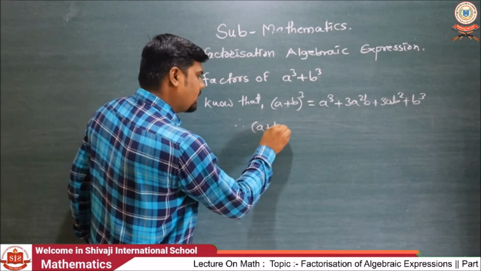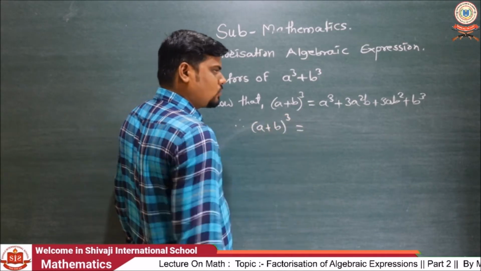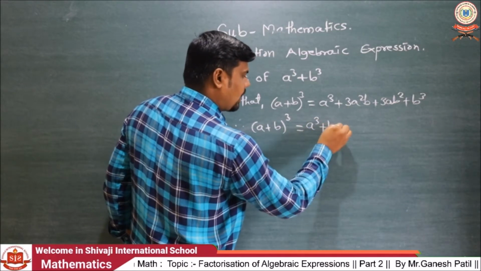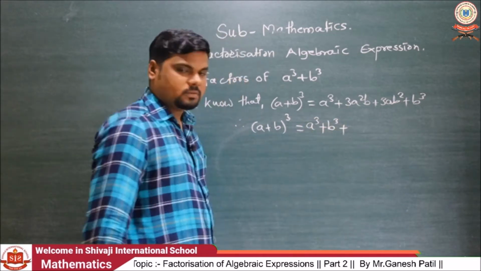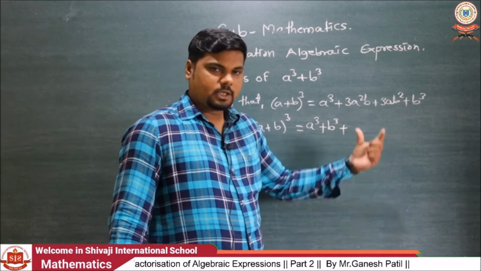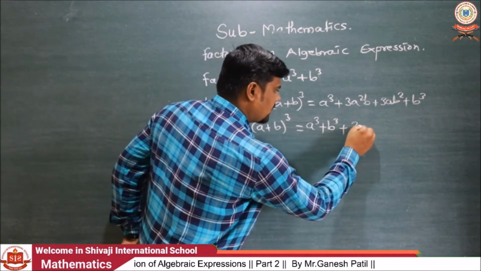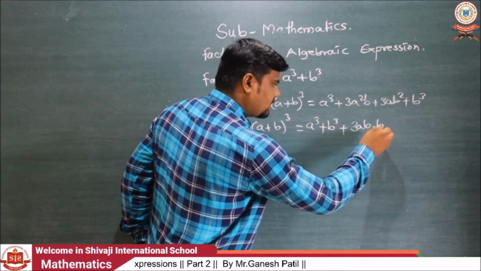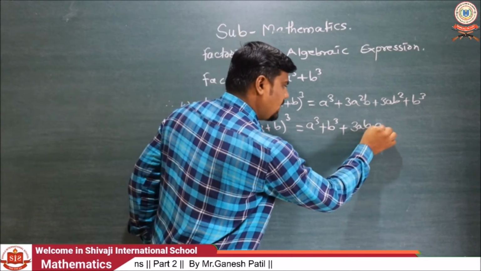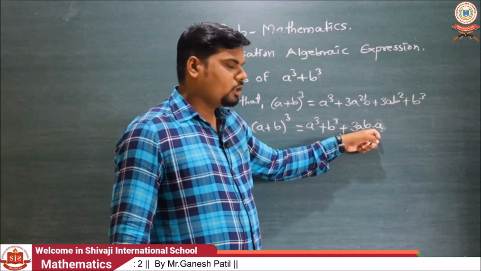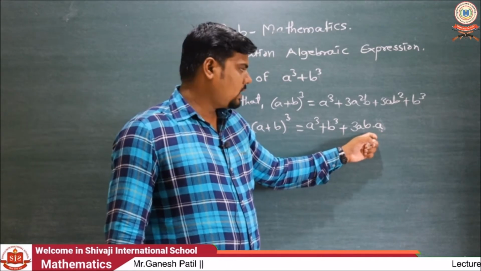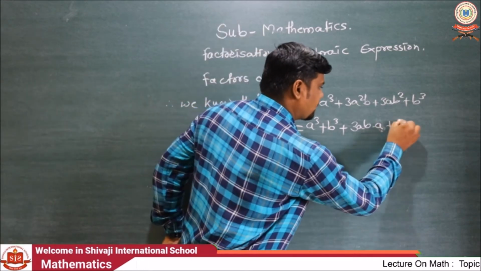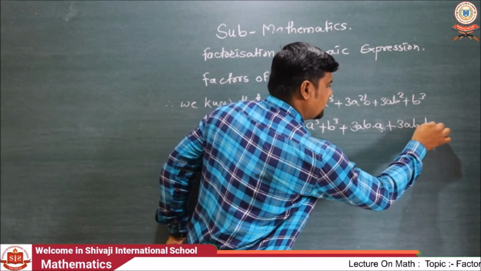Therefore (a plus b) whole cube is equal to a cube and b cube, written alongside each other, plus the remaining two terms written as 3ab into a, because we will take 3ab common in the next step, plus 3ab into b.